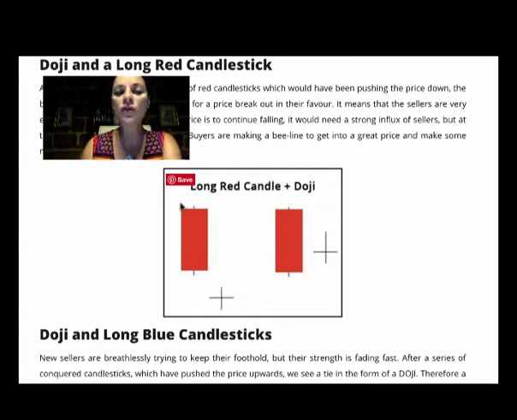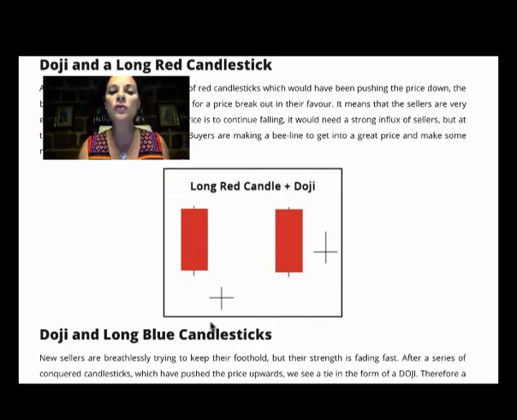So in a long red candle, or in a downtrend, when you have had sellers putting the price down, and this is followed by a doji, it means that there is a very good possibility that the sellers are getting tired, that they do not have enough power to sustain the price fall anymore. So the doji is going to tell us that at this point, the buyers are kicking in because the sellers are getting too tired and they are about to take control of the market.